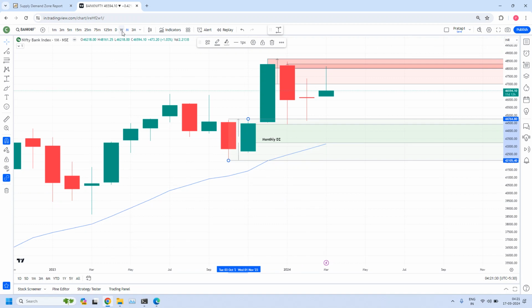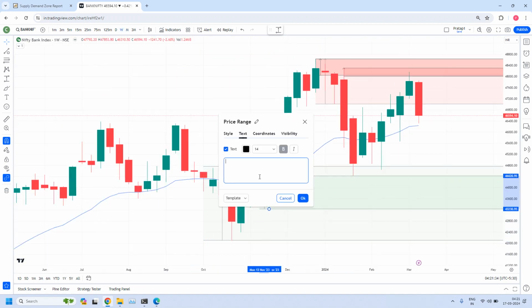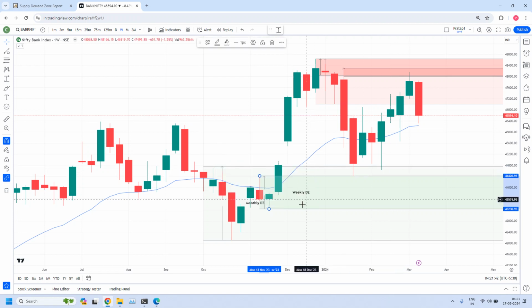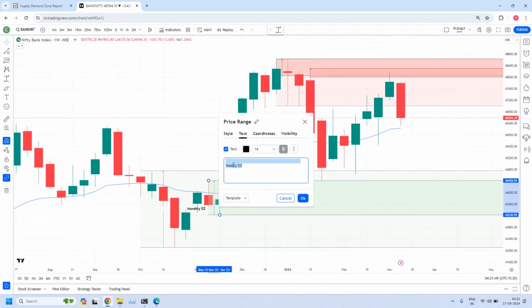Now I'll move to the weekly time frame, and here we have the weekly demand zone. We have monthly, weekly, and this weekly demand zone is a weekly high liquidity demand zone.